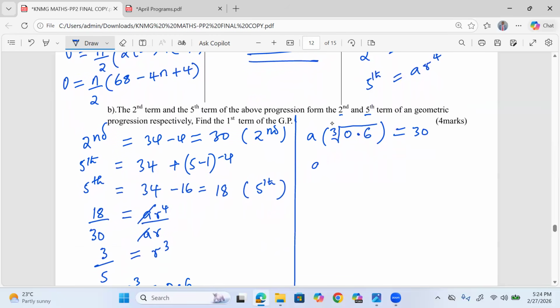So the value of A now becomes 30 divided by the third root of 0.6.